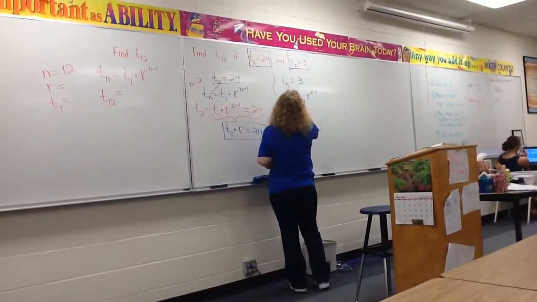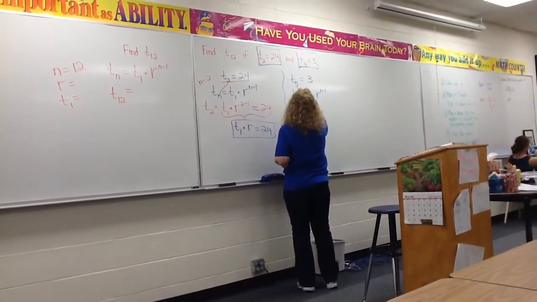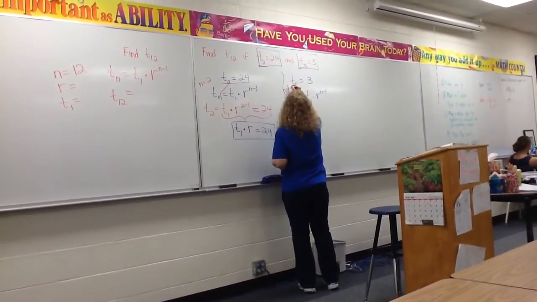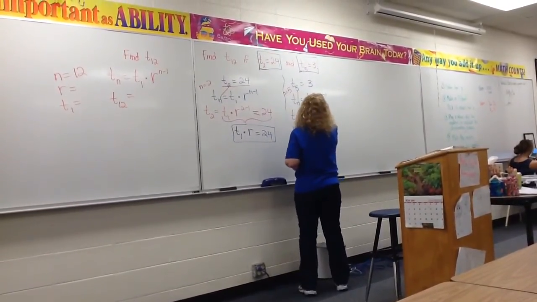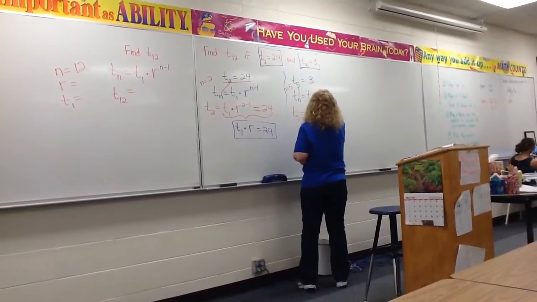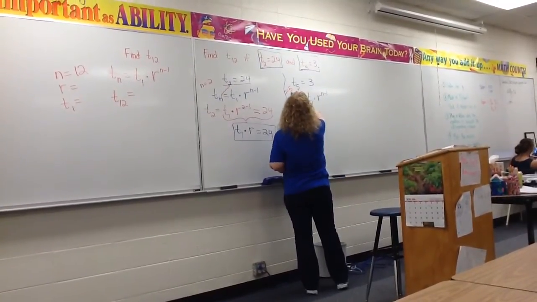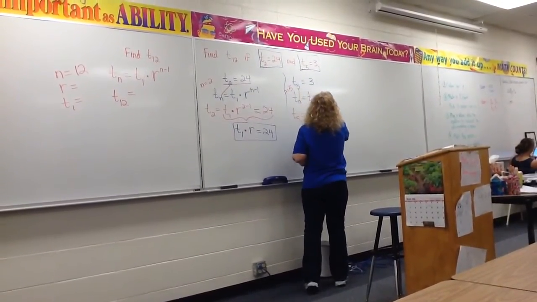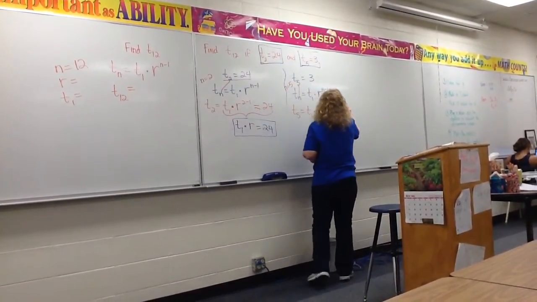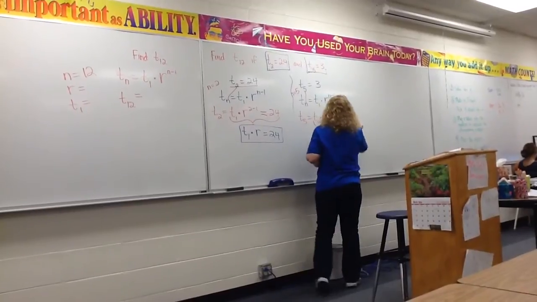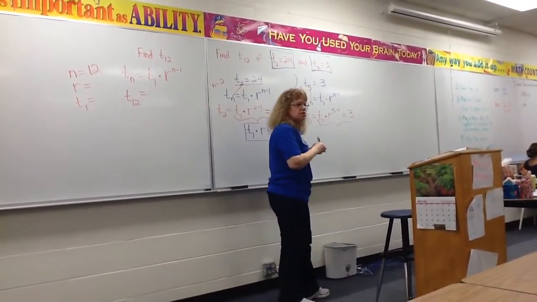So now we're going to do another one with T5. What will n be? 5. So T5 equals T1, don't know what it is, R, don't know what it is, but what's n? And what is that all equal to? What is T5 equal to? 3. So right here, that part's what we're going to be using.